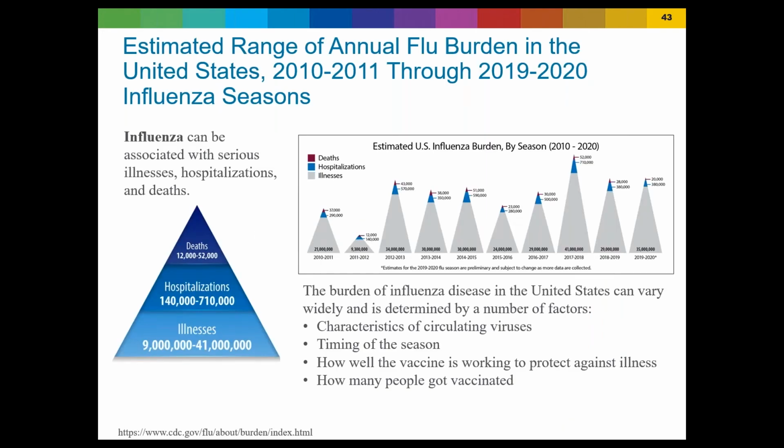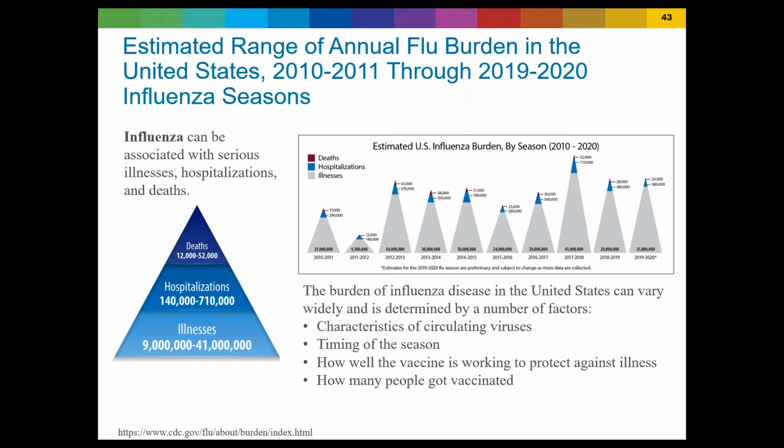So influenza has a high burden in the United States. This chart shows the incidence or prevalence between 2010 to 2011 through 2019 to 2020. Overall, it causes 9 to 40 million cases of illness, 140,000 to 700,000 hospitalizations, and 12,000 to 52,000 deaths.